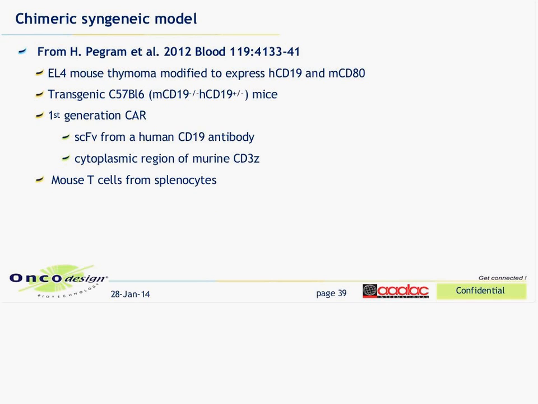The third case is an illustration of the chimeric syngeneic model, meaning immunocompetent mice expressing human targets and transduced cells modified to express the scFv specific for the human antigen.